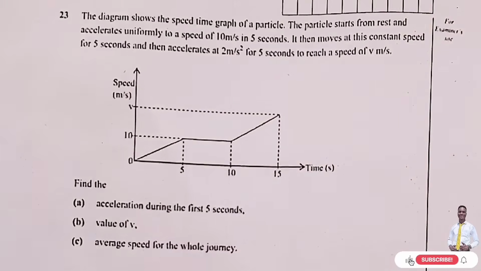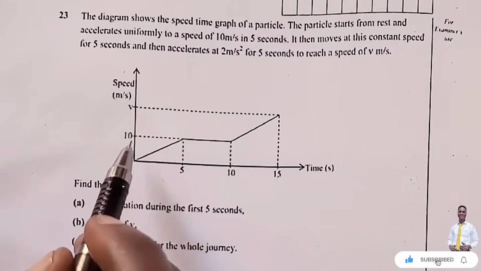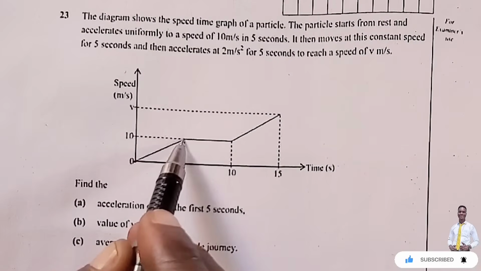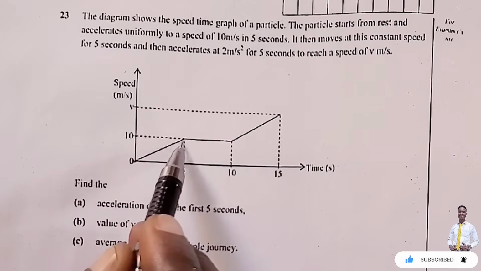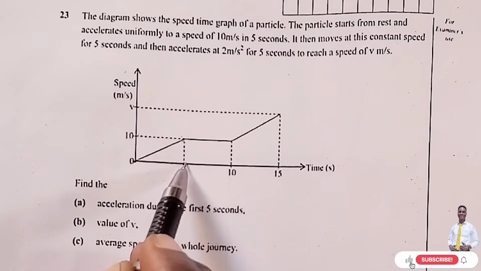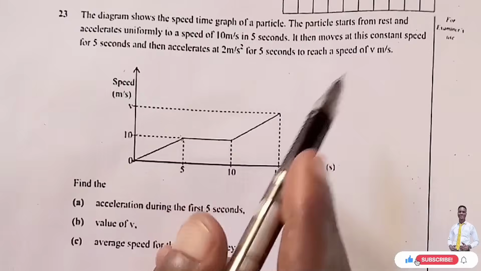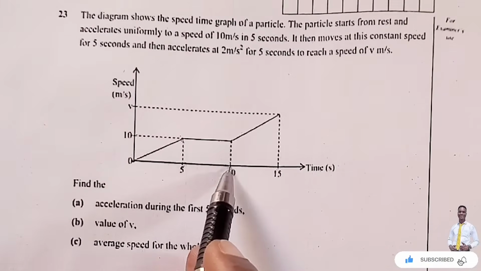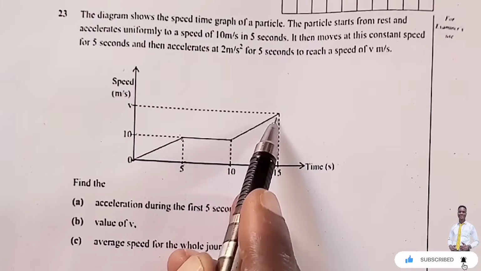The particle starts from rest here and accelerates uniformly to a speed of 10 meters per second in 5 seconds. It then moves at this constant speed for 5 seconds, and then accelerates.